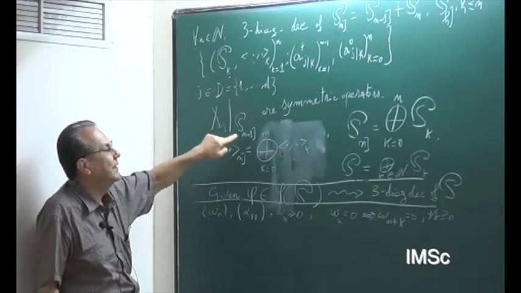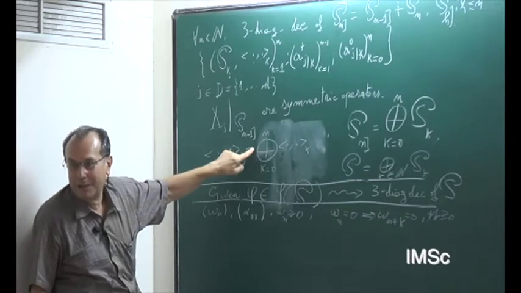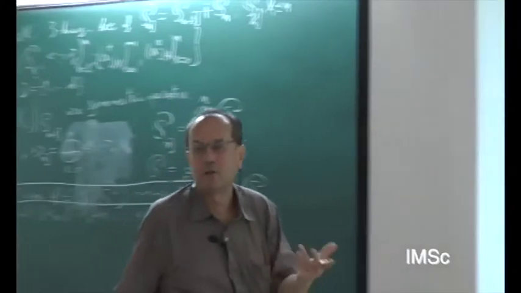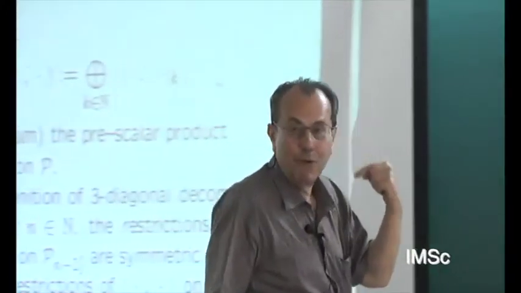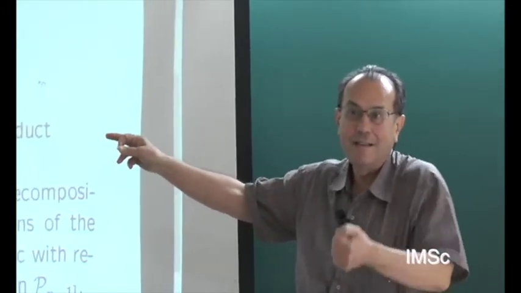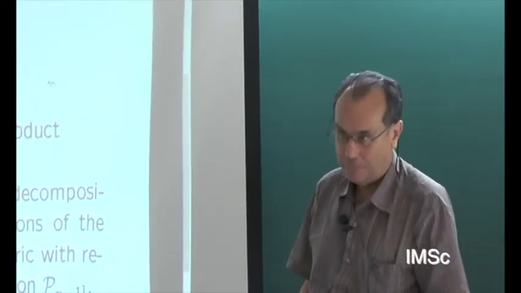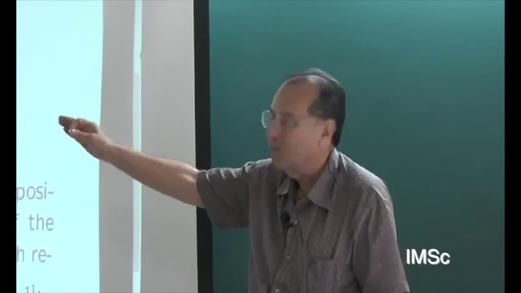So if they are symmetric on each Pn minus 1, they are symmetric. So we have the symmetry with respect to the full scalar product. But if you remember the lemma that we proved yesterday, that there is a one-to-one correspondence between symmetric scalar products for which the xj are symmetric and states on the algebra P of polynomials. So since we have proved that they are symmetric, we have a state. Okay?